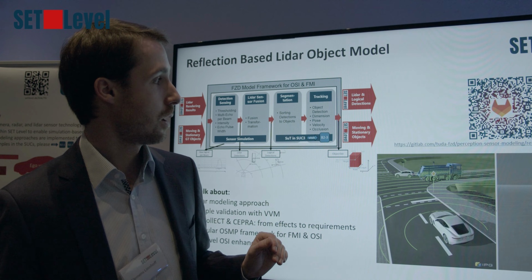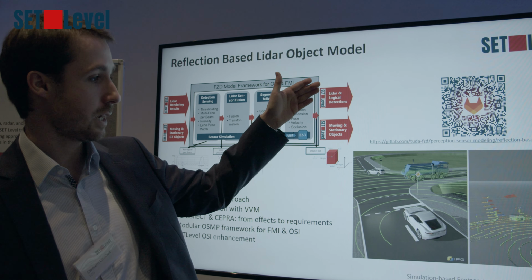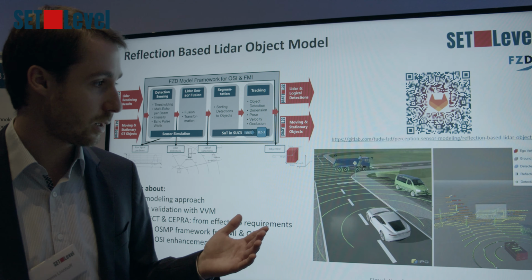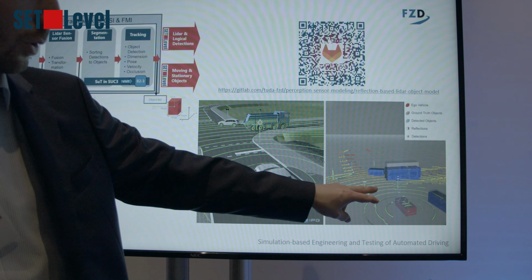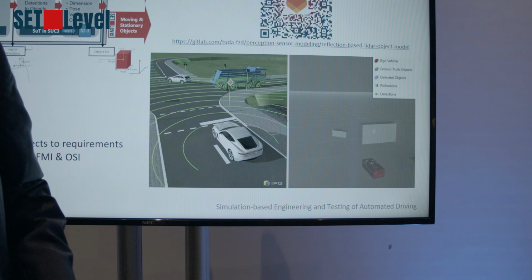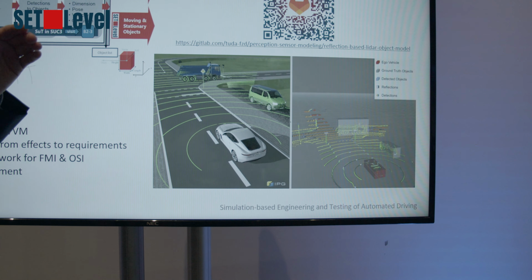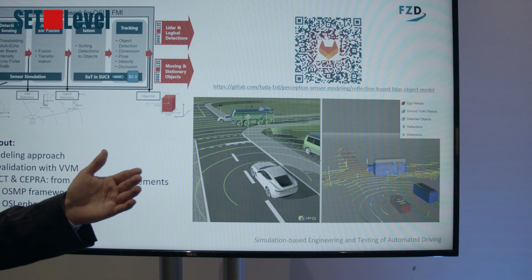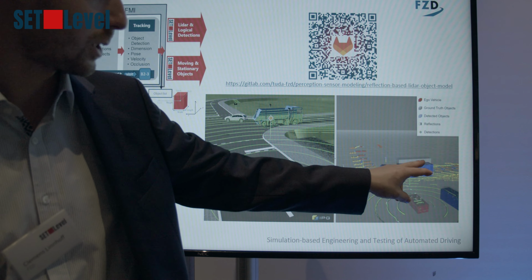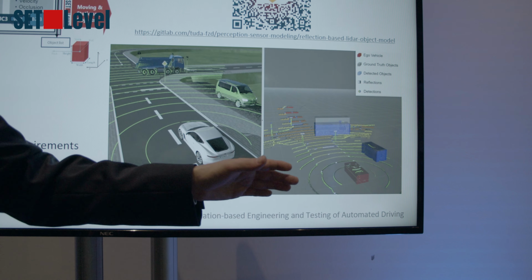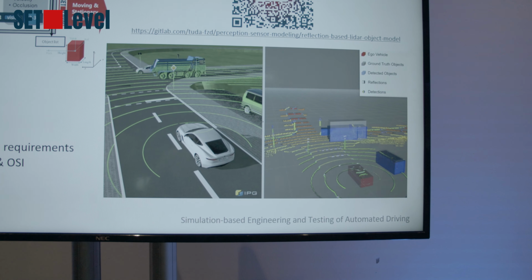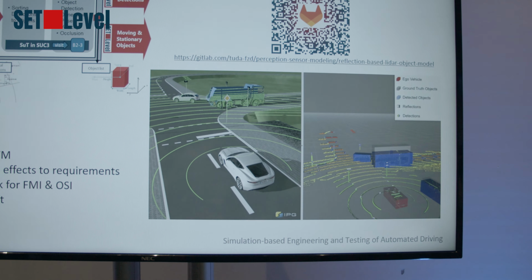And at the end, we output detections, so the classical point cloud that's seen here in the colored points. This is the point cloud output. And because of the object tracking we also have tracked objects here, which are the blue boxes, same as you've seen before, but here based on the simulated LiDAR point cloud.